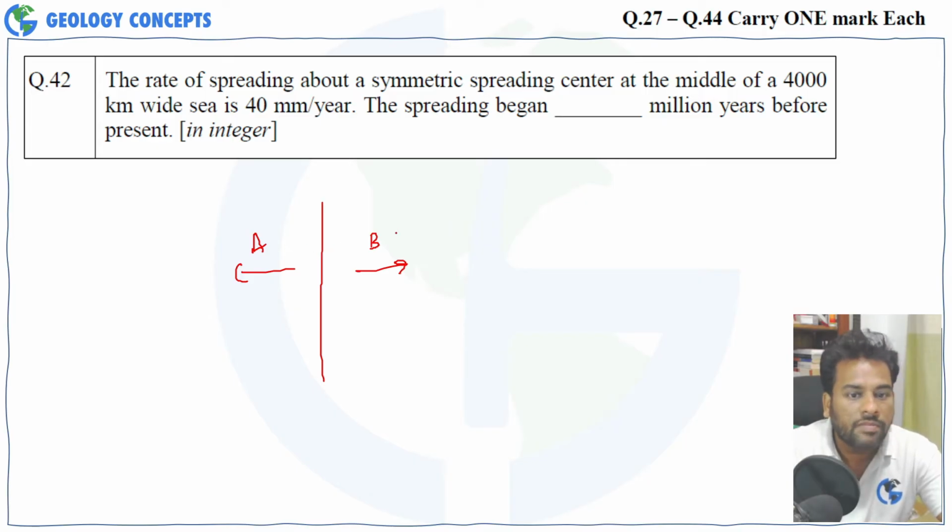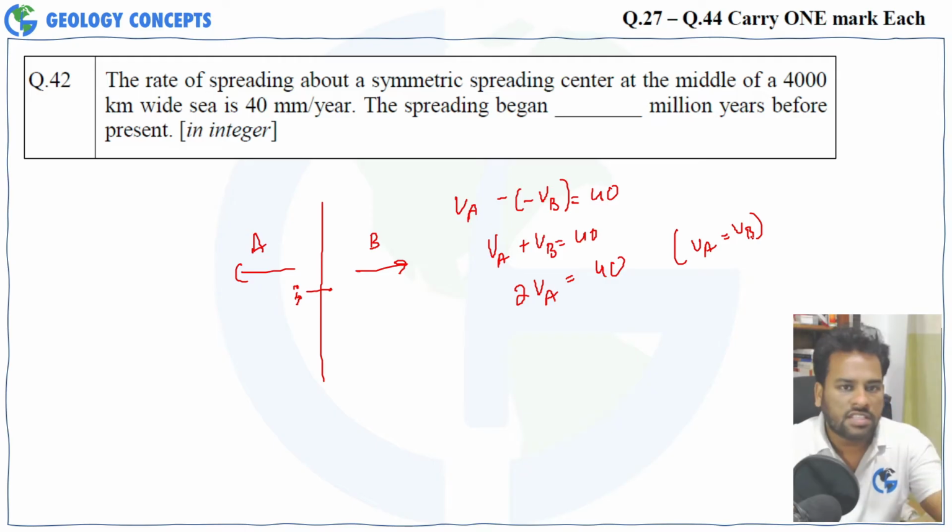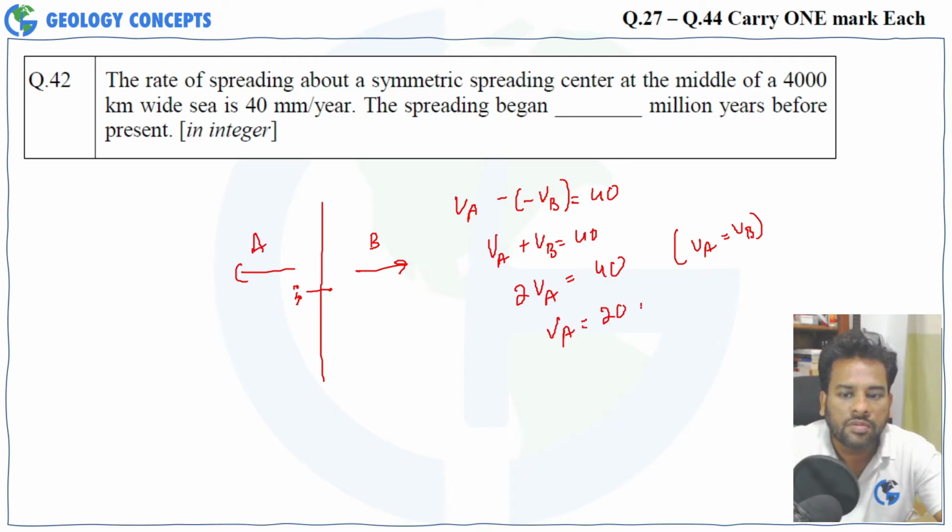If you are standing at A, you see B moving apart from you at the rate of 40 millimeters per year. So VA plus VB is equal to 40. Because both are equal, taking VA equal to VB, they are spreading at the same rate on both sides, so 2 VA is 40. So VA is 20 millimeters per year.